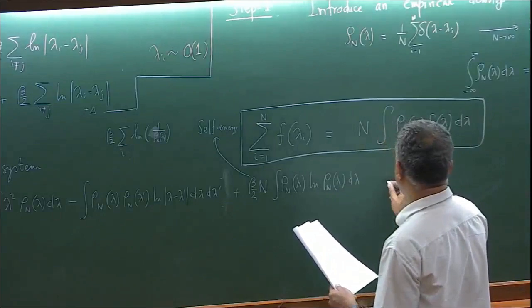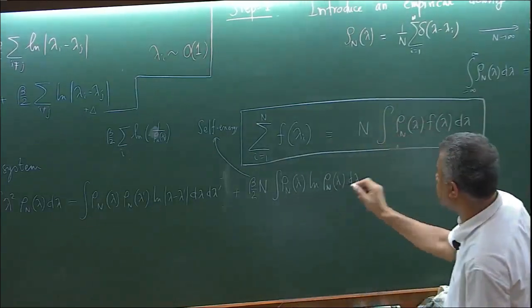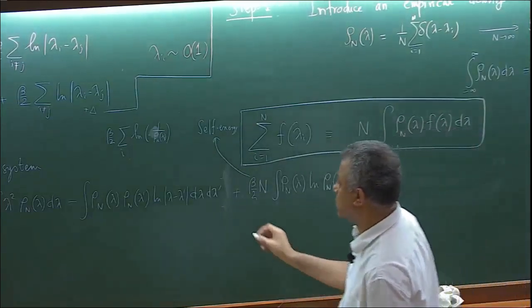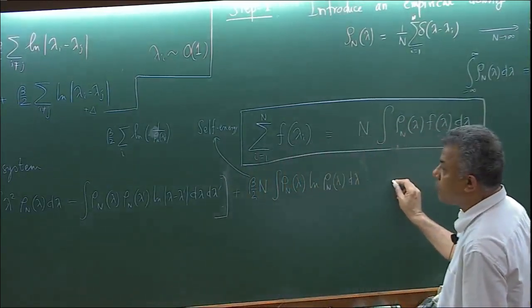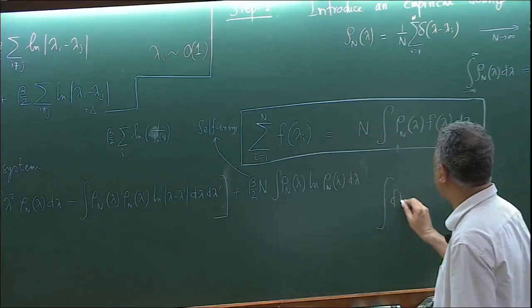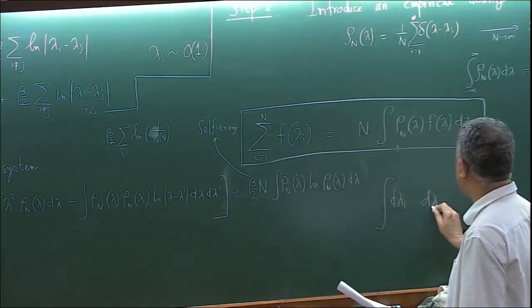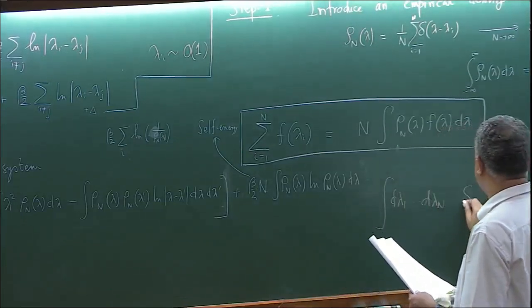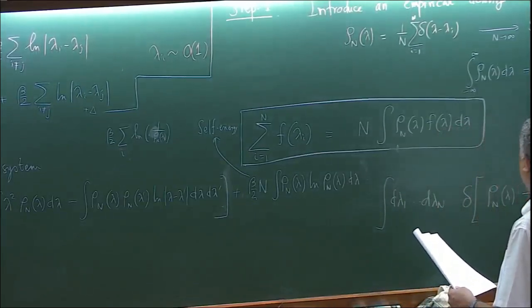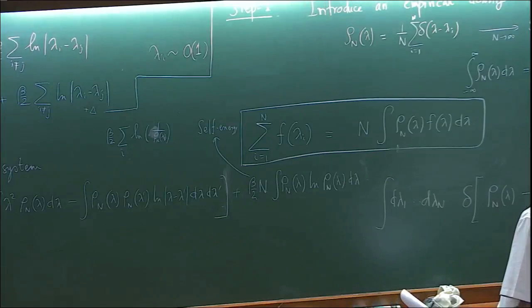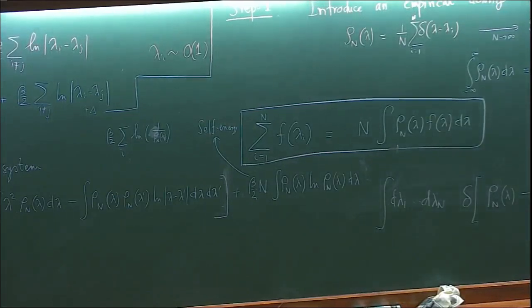So this is the energy term. Let me put this thing here. And then finally, what I'm left with is these integrals here. I'll explain in a minute. Remember that this is our definition of density.